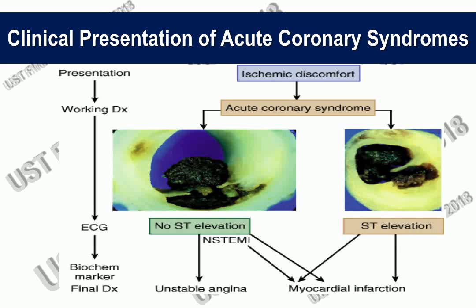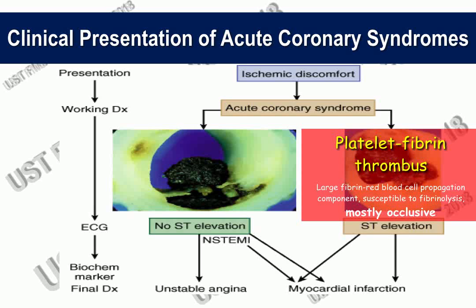So the ST segment elevation, the pathology is usually a platelet fibrin thrombus, which causes mostly an occlusive type of lesion, or in other words, total occlusion of the coronary artery.